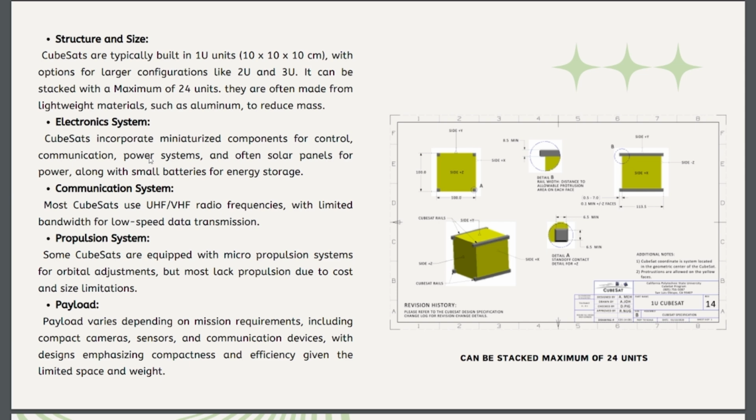The propulsion system is about the size and the weight of the CubeSat. If the CubeSat is too heavy, it needs more power for propulsion. And the payload depends on mission requests, including compact carrier, sensor, and communication device.